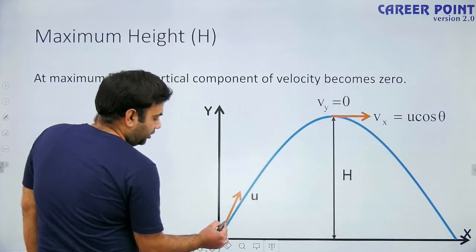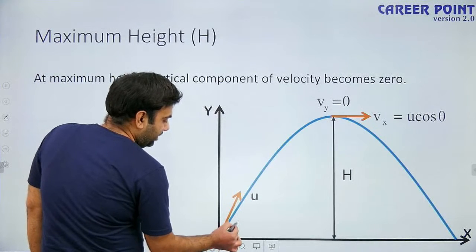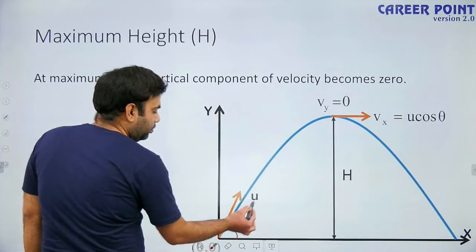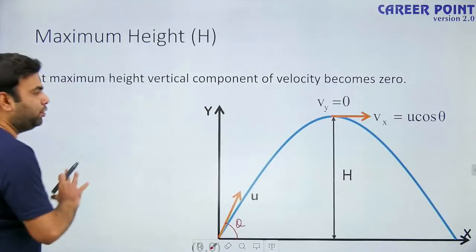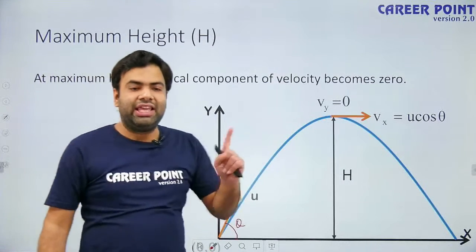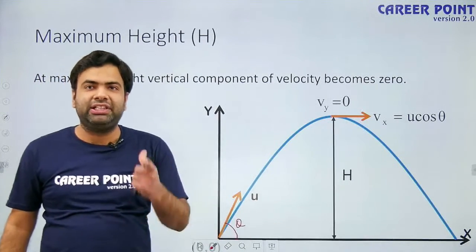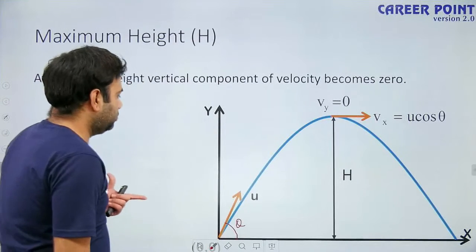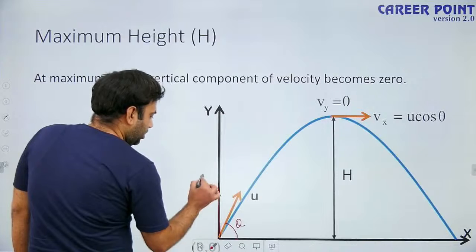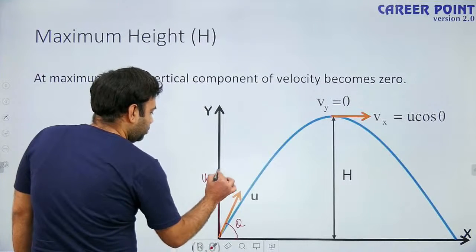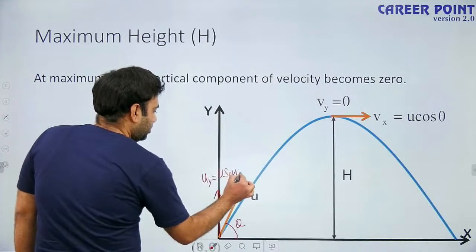If we throw this projectile with an initial velocity u at an angle theta, we consider this motion in x direction and y direction separately. What is the initial velocity in y direction? It is uy, which equals u sine theta.